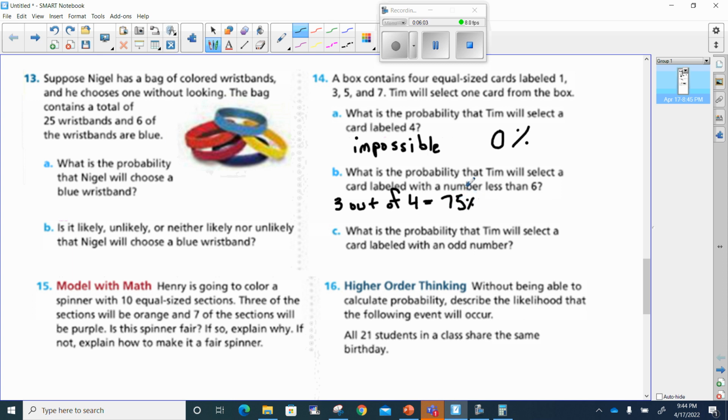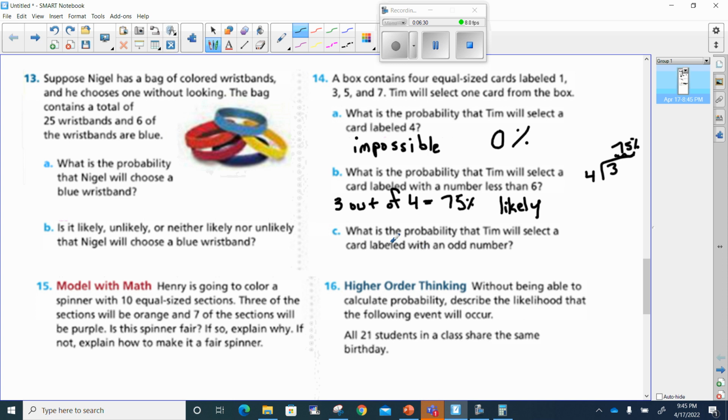So what's the probability? It would be very likely. And for those that remember, 3 divided by 4 does equal 0.75. And when we move the decimal over twice, it becomes 75%.